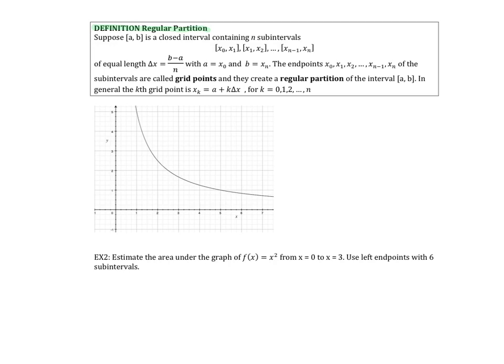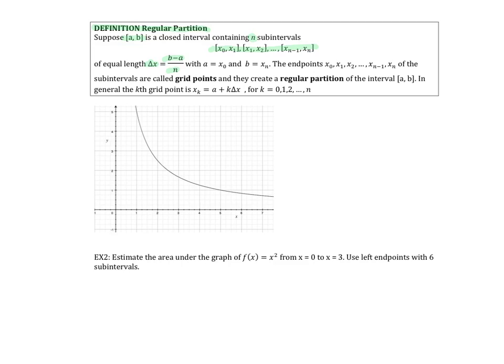So in a regular partition on some interval AB, we create these subintervals. And the length of each subinterval is what we call our delta x. That's the distance of x values. You subtract the endpoints and divide by n. So n is the number of subintervals that you have.